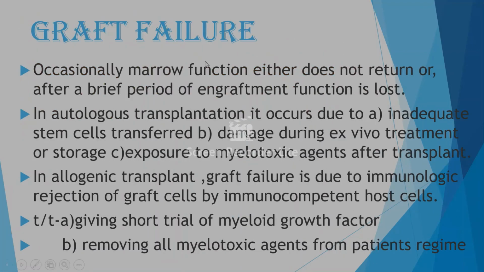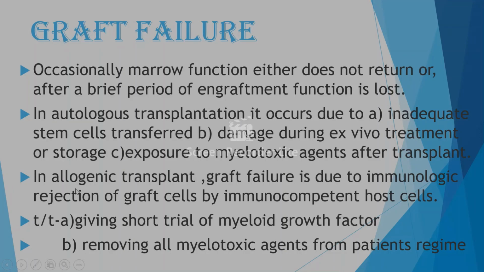Moving on to the second main complication, graft failure. Occasionally the marrow function either does not return, or after a brief period of engraftment the marrow function is lost, which is called graft failure. When the transplantation is autologous, from the individual themselves, the cause may be inadequate stem cells at transplant, cells damaged during treatment or storage, or exposure to myelotoxic agents after the transplant.